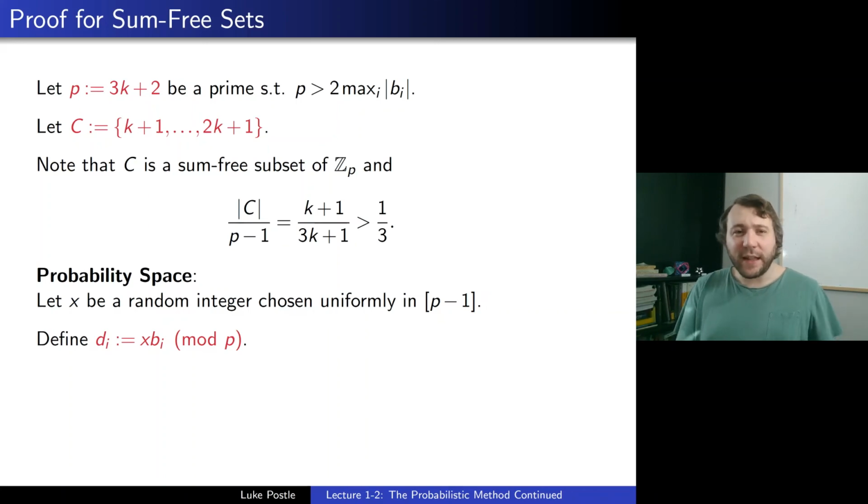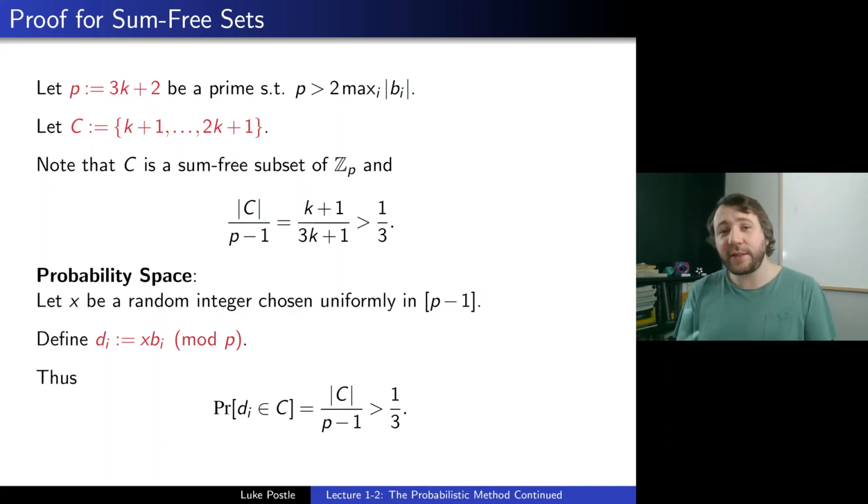So we think of our b_i's as living in a larger space, and we take a random multiplication of it. And now what does that do? That will end up behaving quite nicely, because in particular the probability that d_i is in C is equal to |C| over P minus 1, which is strictly greater than a third.